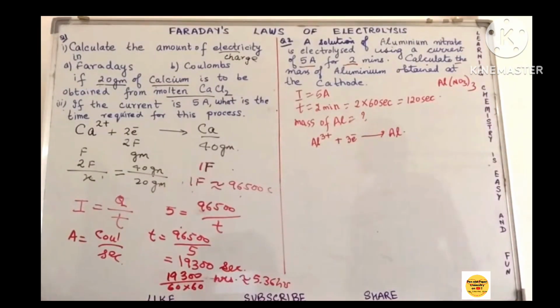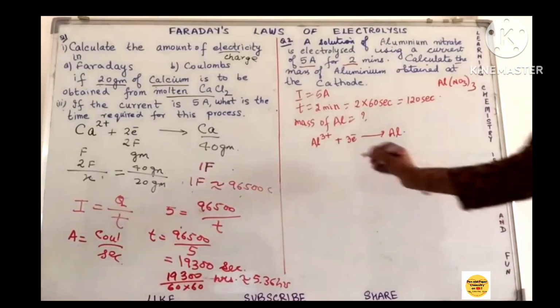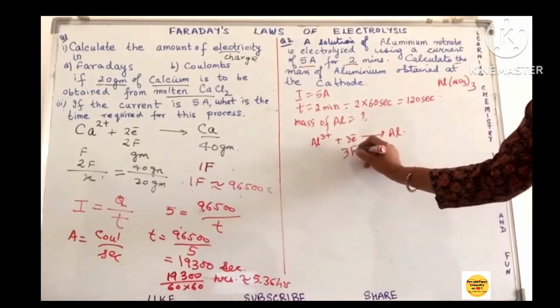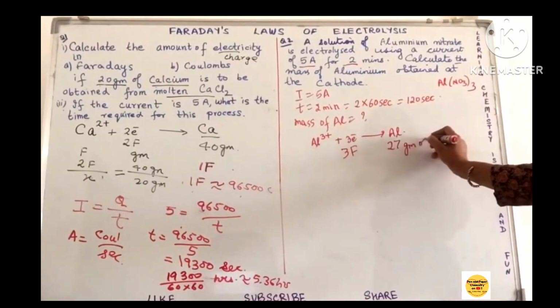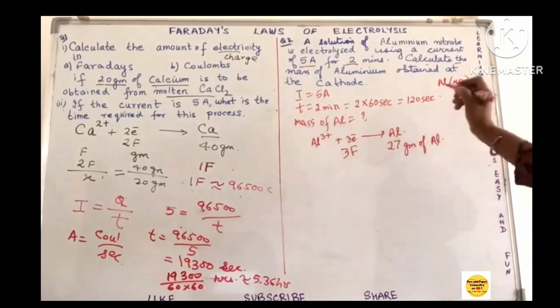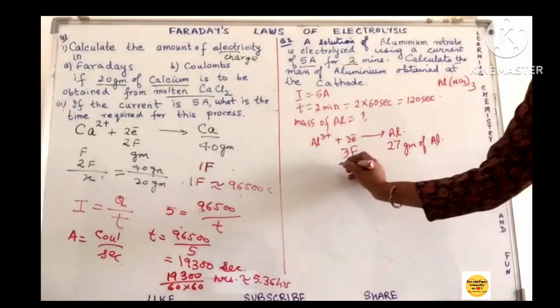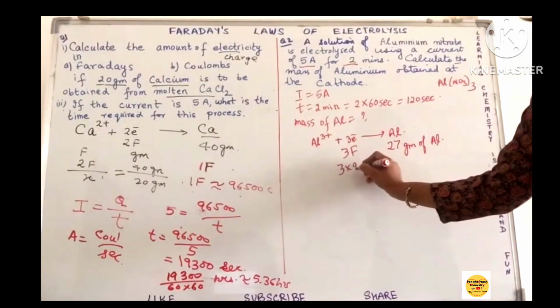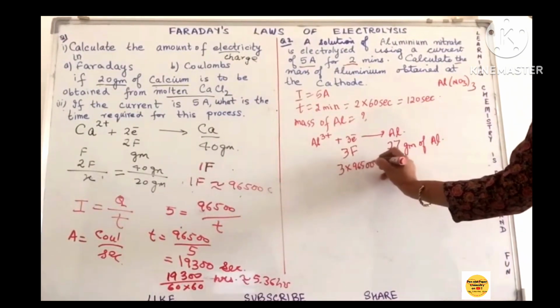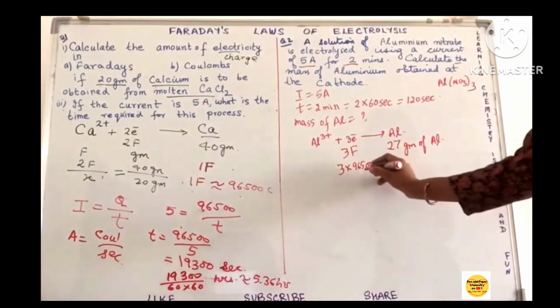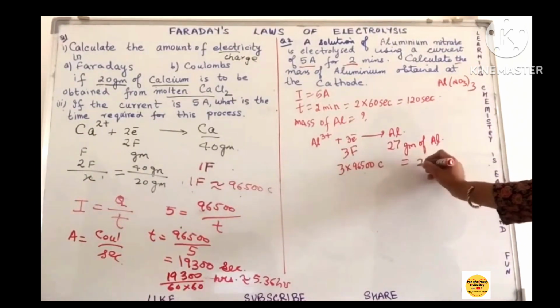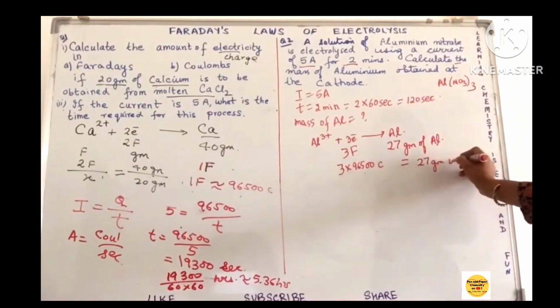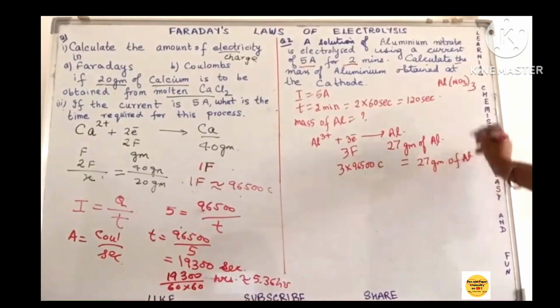Now can you guess what will be my next step? Yeah, simple. So 3 Faraday gives me 27 grams of aluminium. Correct? 3 Faraday means 3 into 96500 coulombs of charge is giving me 27 grams of aluminium.